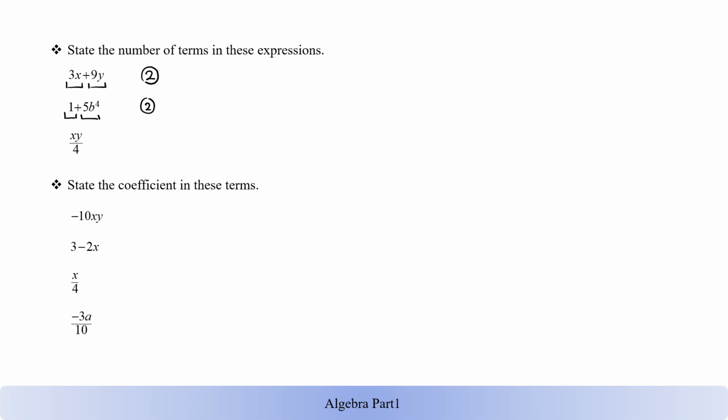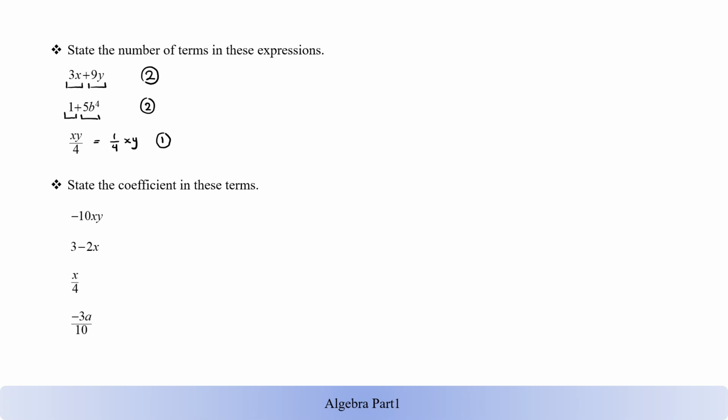And the last one, xy over 4. Remember, you can write it as 1 over 4 times xy. So, one coefficient and x times y. So it is just one term.